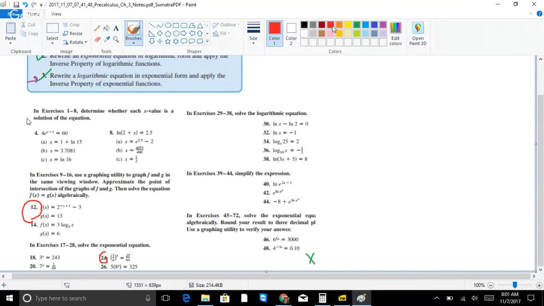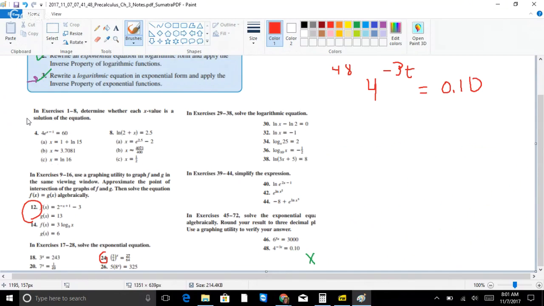I'll do this in red. 48. We have 4 to the negative 3t power equals 0.10, that's 1/10.